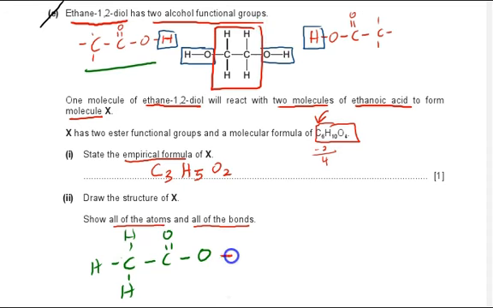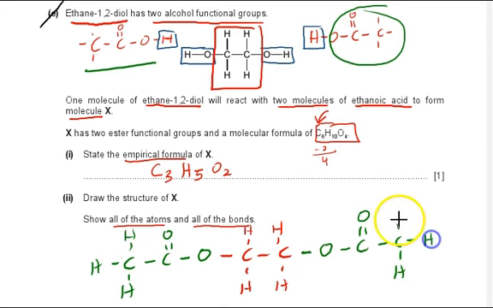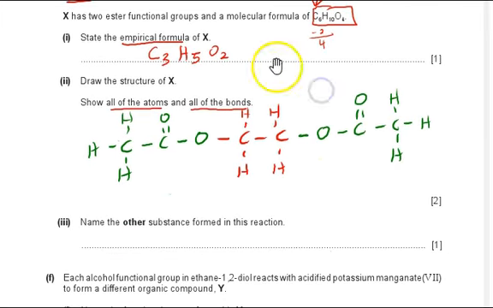So we have 2 carbons, hydrogen, and we continue with this group. So we have O, carbon double bond with the oxygen, and we have this. Okay, so this is the ester group. Now name the other substance formed in this reaction. So definitely you can put water there.